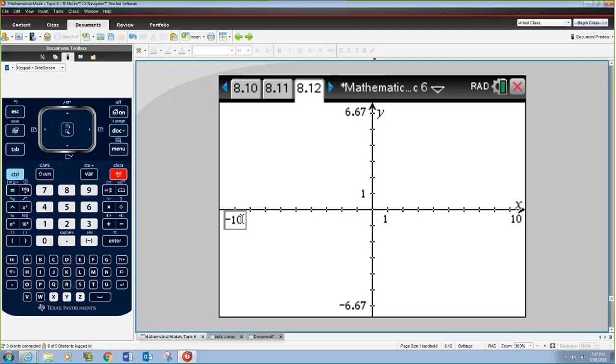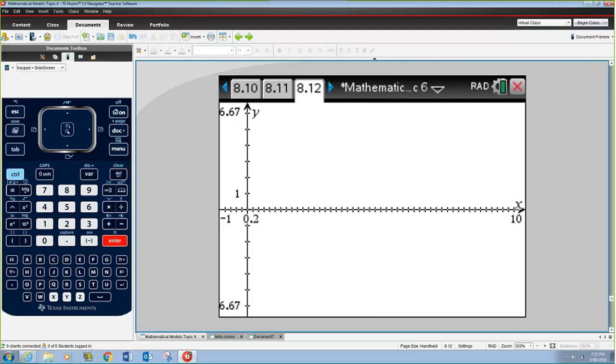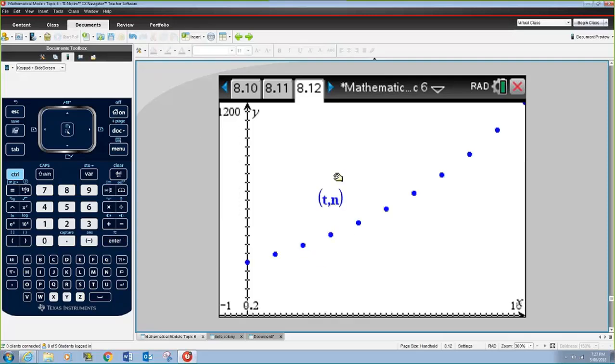We were going to about 1200, so we get a nice scatter plot. The advantage of a scatter plot here is that I can now enter my other models.